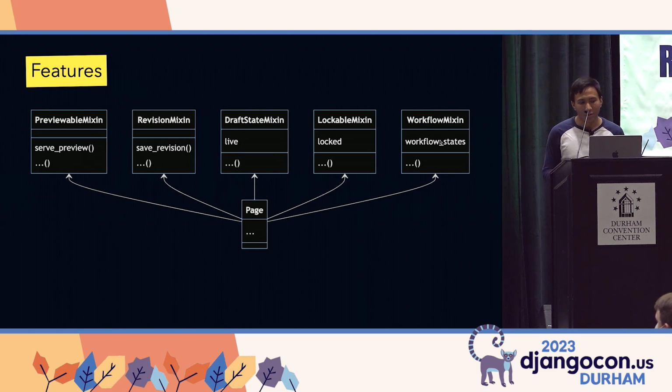We call them the model mixins, which separates each feature, like the fields and the methods required for those features, into separate classes that are then applied to the page model, which can also be used with other models. So if you already have your own Django models, you can also apply those mixins without having to use the page model.